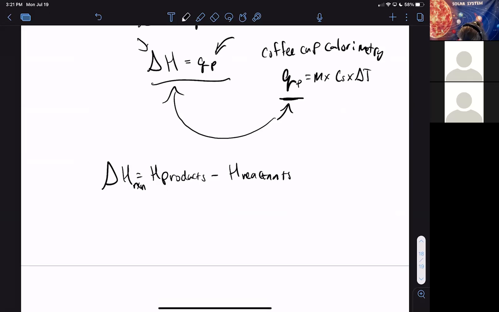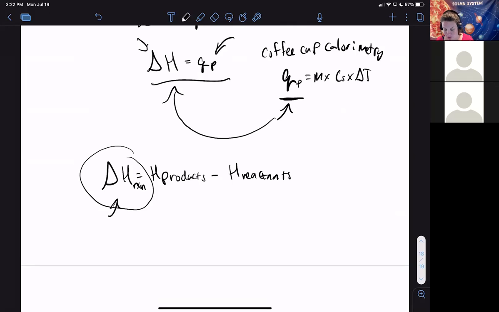And from this, we can find the enthalpy of a reaction, which is an important function to find. These values will tell us a lot of information about how quickly or how complete a reaction will be.